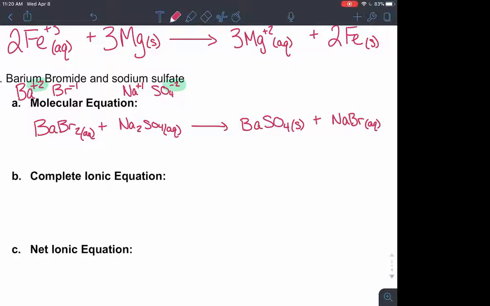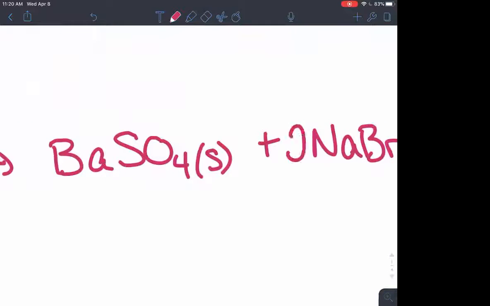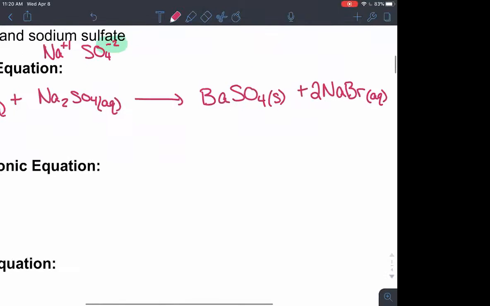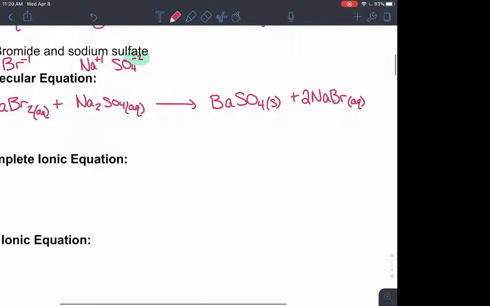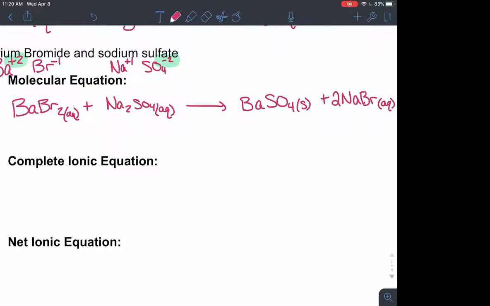Looks like it's just 2 on NaBr. Perfect. All right. So now we have our balanced equation. We're going to do the same thing. We're going to come up with our complete ionic equations. Do you think you can start that for me?